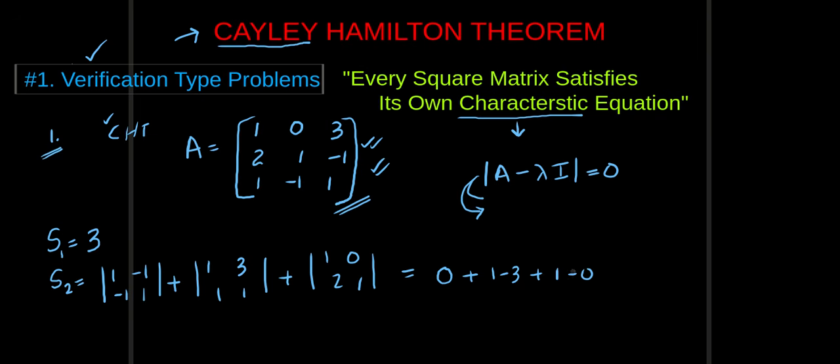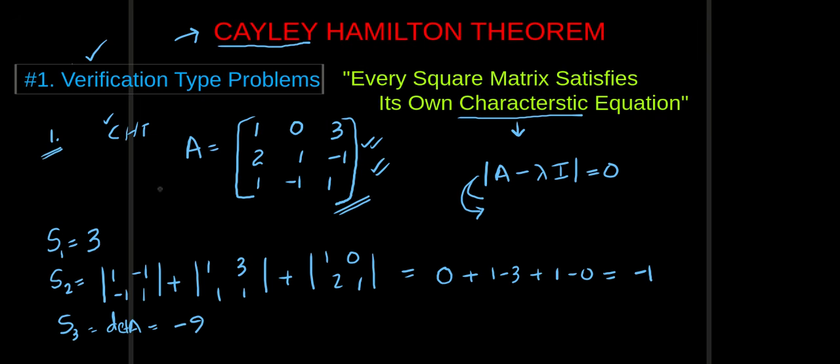So we get 2 minus 3, that is equal to minus 1. And for the last one, that is S3, the determinant of the matrix, I'll strongly recommend use a calculator. And the value is minus 9.